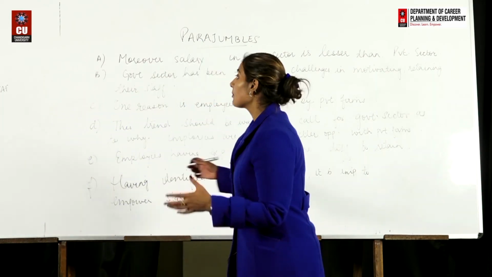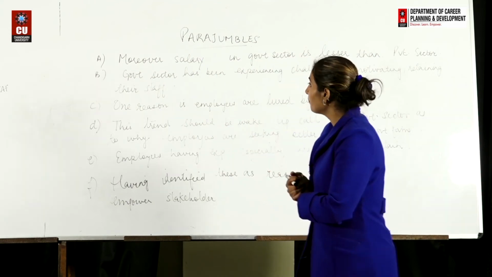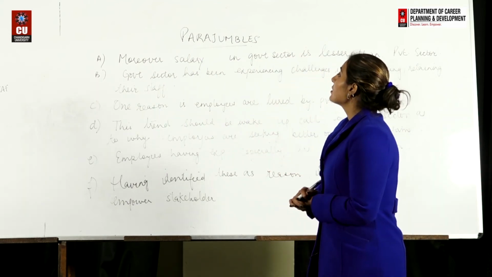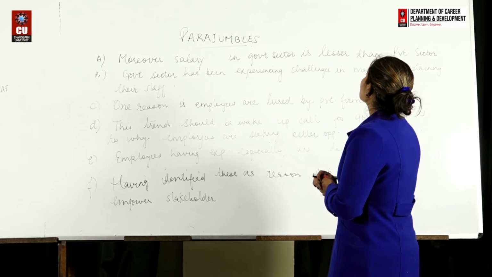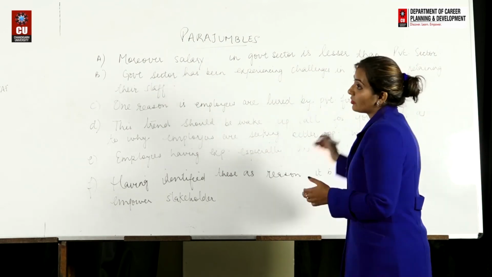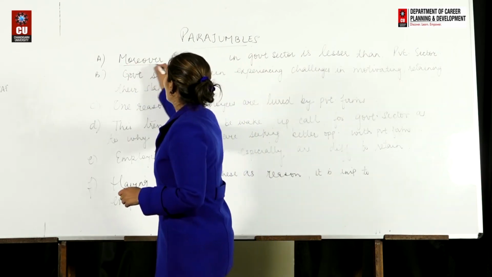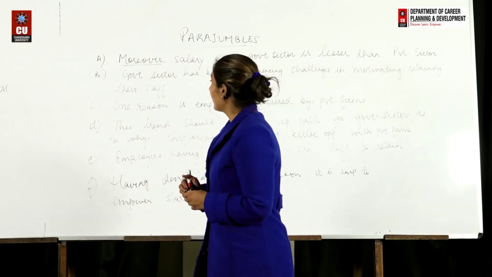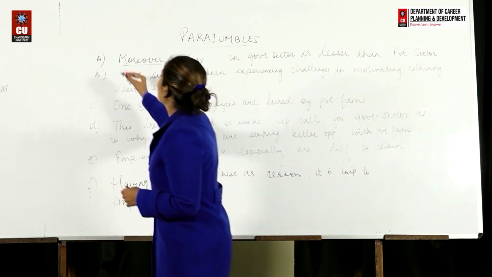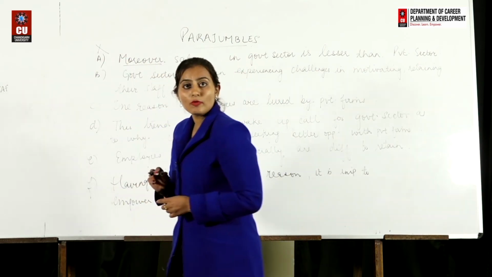Again, these are general examples which will help you in understanding the same. The example says, moreover, salary in government sector is lesser than private sector. Now, I shared with you the sentences which have moreover, nonetheless, etc. generally do not come in the first sentences.